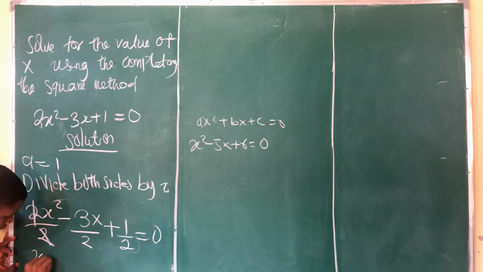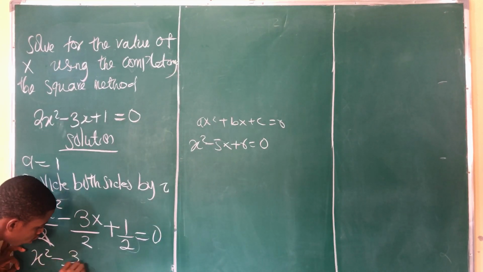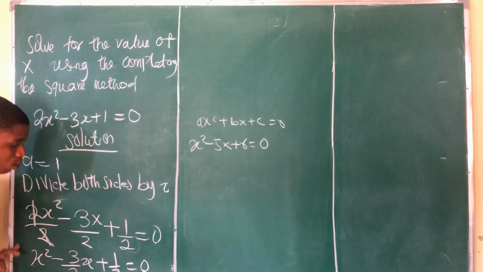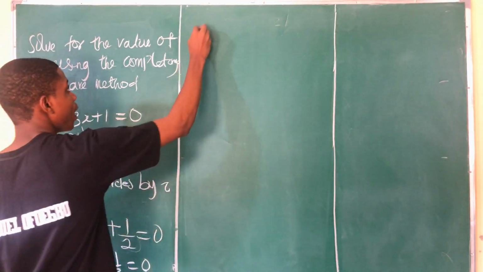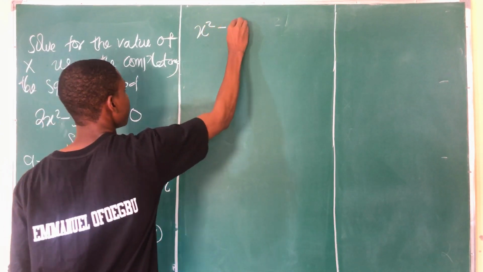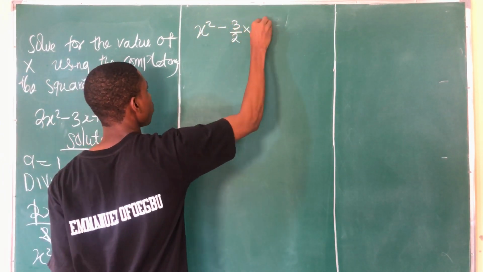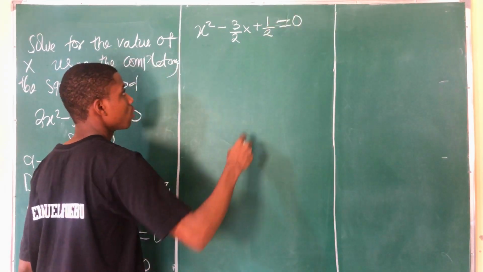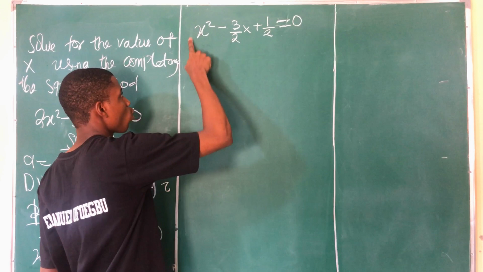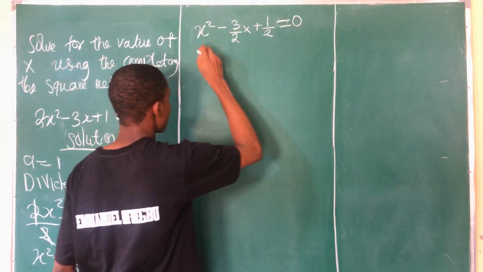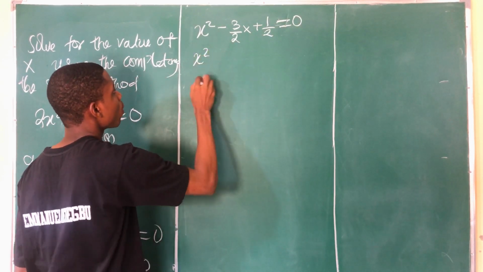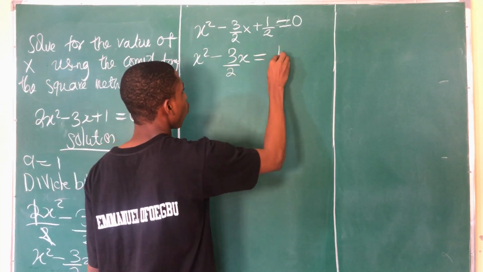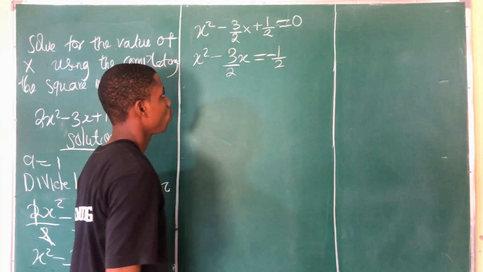You have x² − (3/2)x + 1/2 = 0. The next step, since a is equal to 1, is to move this constant to the other side. So we have x² − (3/2)x = 1/2, which becomes negative 1/2.